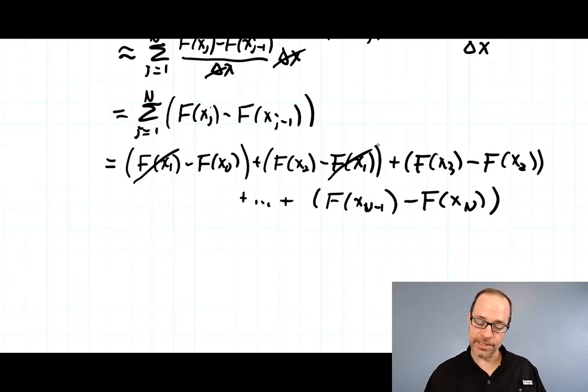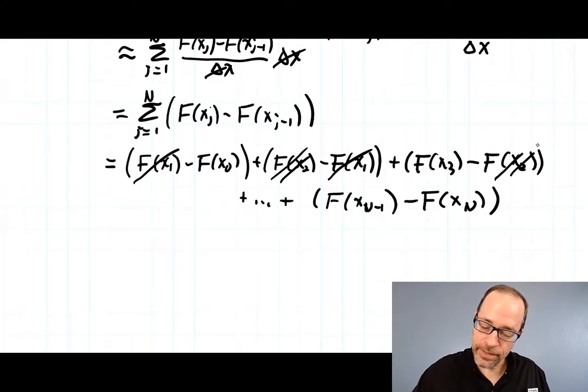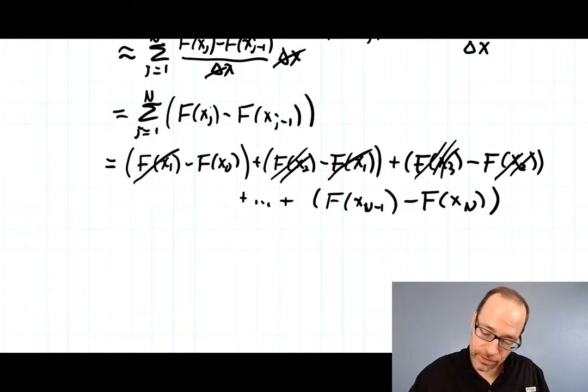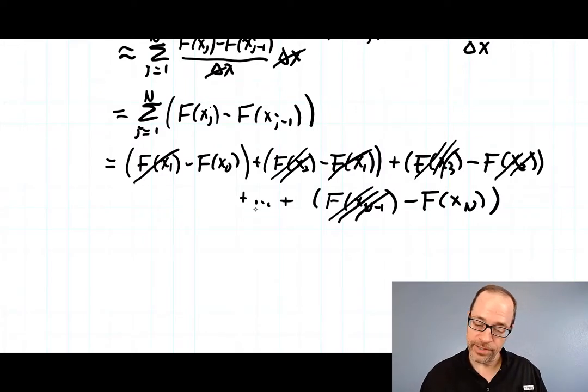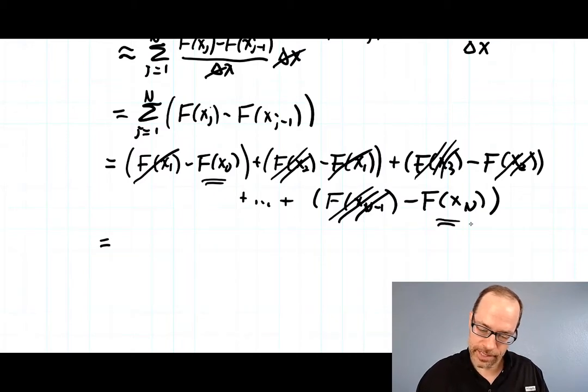The 1's cancel here, the 2's cancel here, and likewise the 3's will cancel with the next term, and so forth, until at the very end, this is the one that's canceled by the previous term. And you see only 2 survived, this guy and this guy.